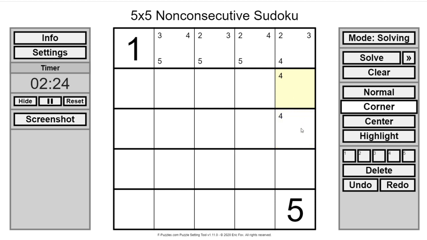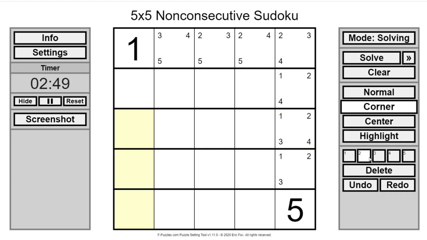So 4's go here, that can't be a 3. Two could go anywhere here, as can 1. I feel like I might be making backwards progress, but let's see what happens if we finish this.